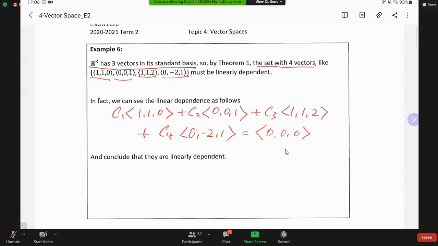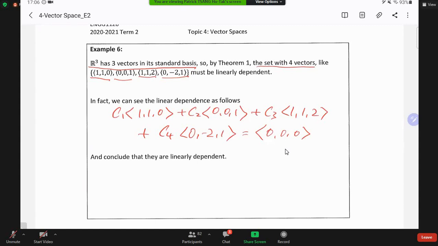We are asking a similar question as we did in the last several pages. We solve for C1, C2, C3, and C4 to see what values make this relationship happen.